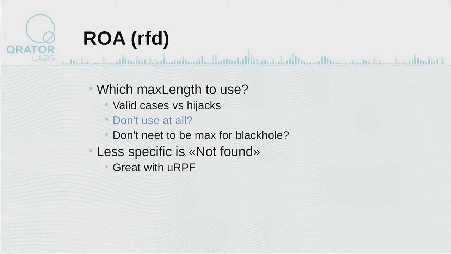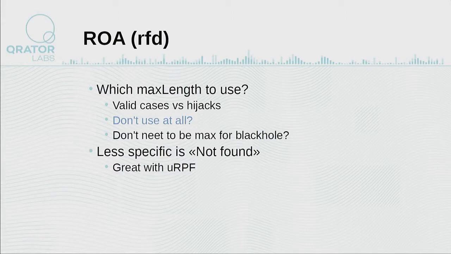There are some valid cases when max length should be greater than prefix length. For example, in our case, we use it to prevent our routes from getting stuck in some part of the world. For example, we announce a /23, and if it's stuck, we announce /24s to get our traffic back. So yes, there are some cases when max length should be used, but is this case more valuable than the possibility of hijacks?